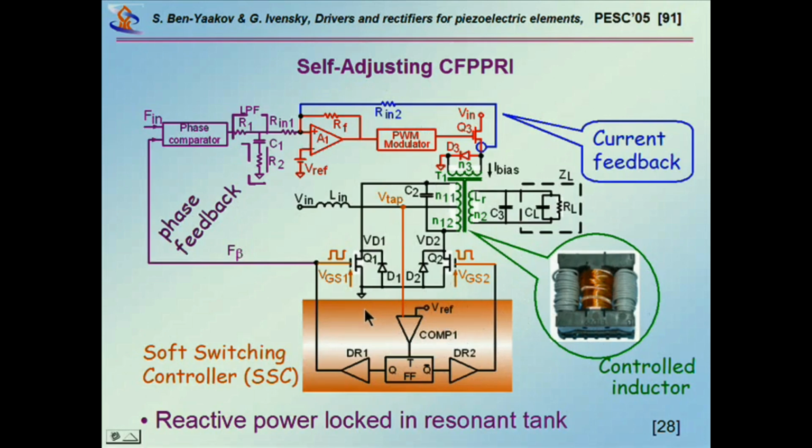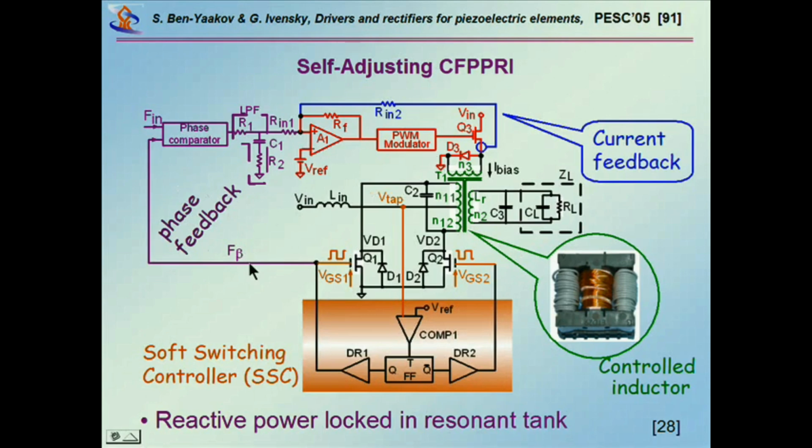So this circuit runs automatically to adjust the switching to the resonance. Now you measure the actual switching frequency. You compare it to the frequency that you want. The difference, through a phase comparator, feeds a buck modulator, a PWM modulator, that is changing the bias of this element.